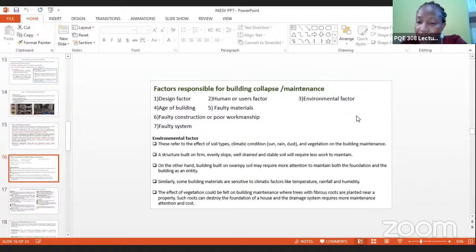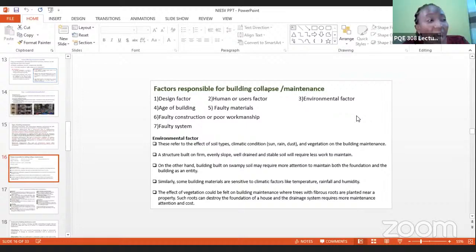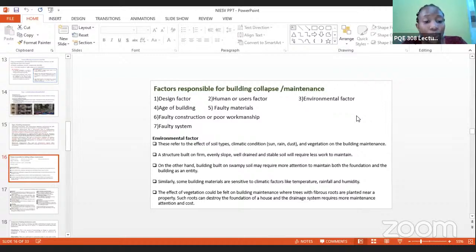Of course, when you're talking about your shallow foundation, the first thing, it means you have to do your geotechnical assessment, even on the site. If that is not done, you will not be able to know the kind of foundation you have. You will not be able to know the type of soil you have on that site, so that you know the kind of foundation you are going to construct on that site. So climatic conditions too, because we are talking about the environmental factor.